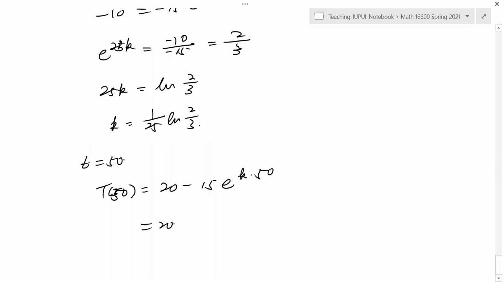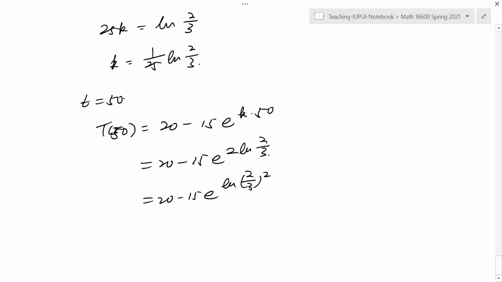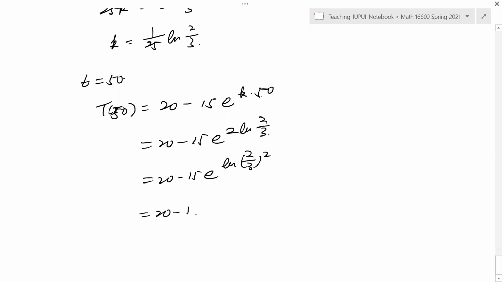So it's going to be 20 minus 15 e to the 50 times k. 50 times k is 50 divided by 25, which is 2. And then you write it like this, so e and the natural log cancel out, and there will be 2 over 3 squared.